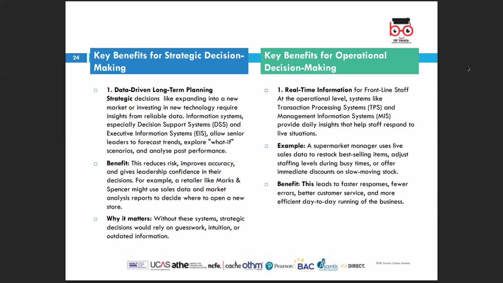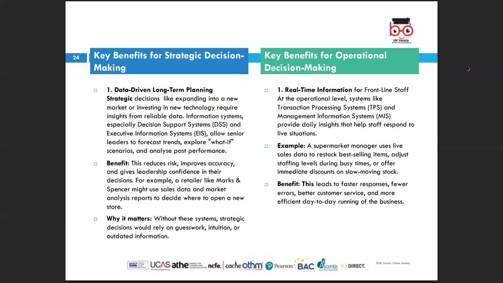Information systems, especially decision support systems and executive information systems, allow senior leaders to forecast trends, explore what-if scenarios, and analyze past performance. The benefit for them is that this reduces risk, improves accuracy, and gives leadership confidence in their decisions.